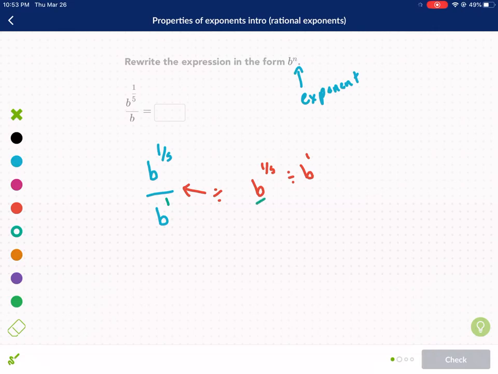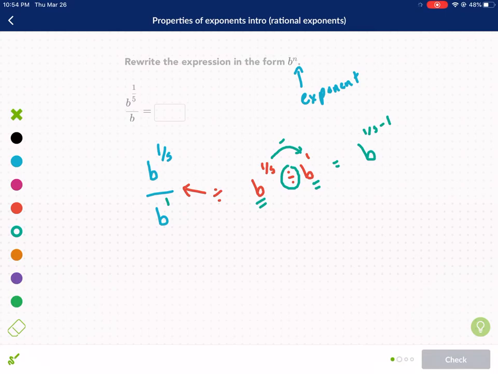If the bases are the same, we can rewrite this as b to the 1/5 minus 1, all in the exponent. I wrote it on a diagonal, so if you want, just tilt your screen. I'll try to write straighter next time. Anytime we see the quotient, we can subtract exponents if the bases are the same. In this case, they are.